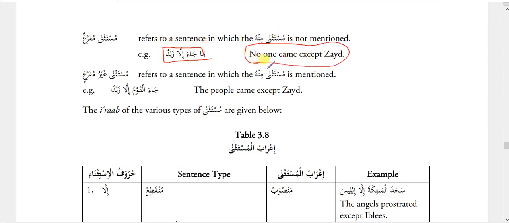So here we are not saying that Zaid is a part of anything and no one came. Here we only want to say that Zaid is the only person who came. So here we are emphasizing Zaid. So there is no need to add or mention mustasna minhu. Then we have mustasna ghayr al-mufarragh, which means mustasna minhu is mentioned, like ja'a al-qawmu illa Zaid, and here qawm is mentioned.